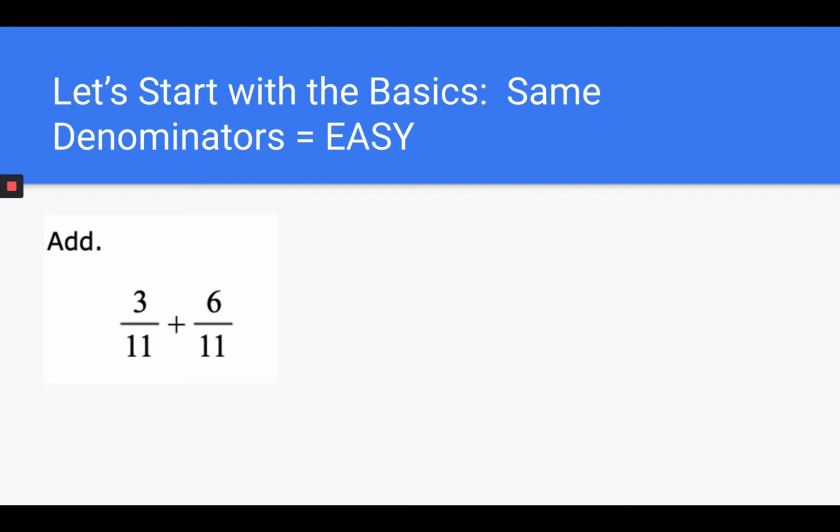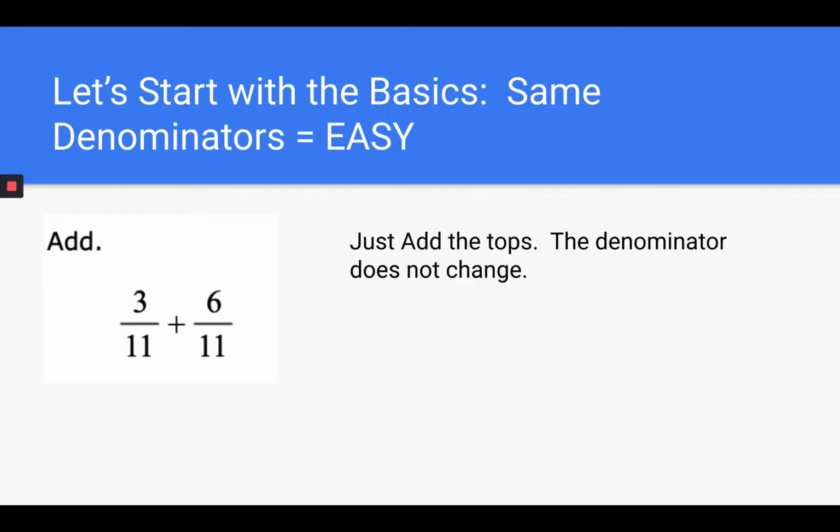All right, so take a look at your screen. If the denominators are the same and you're adding a fraction, it's super easy. You just add the tops. The denominator never changes. Once it's the same, you never add or subtract the bottom numbers. You just add the tops.